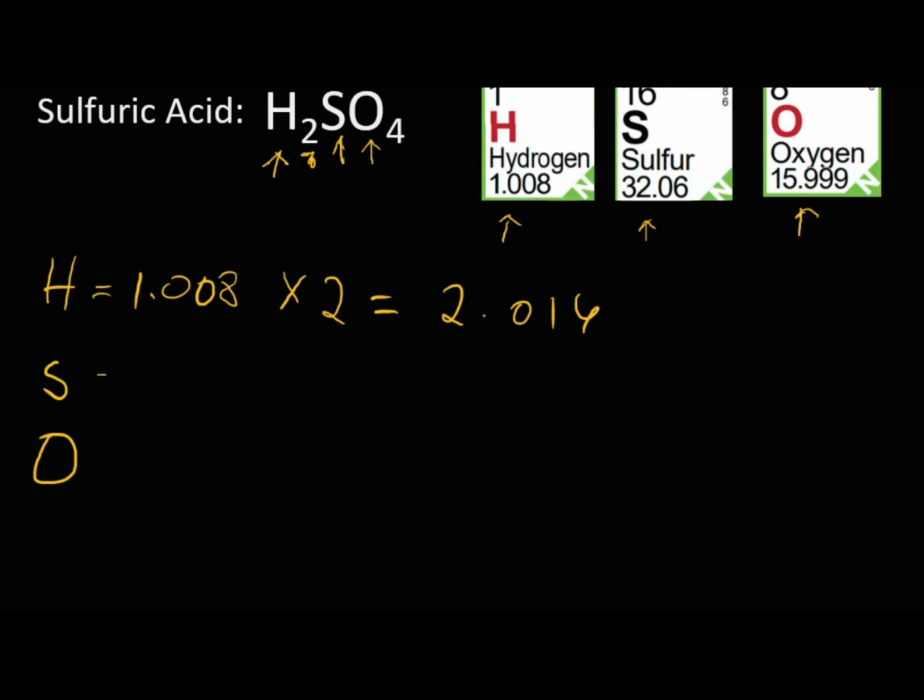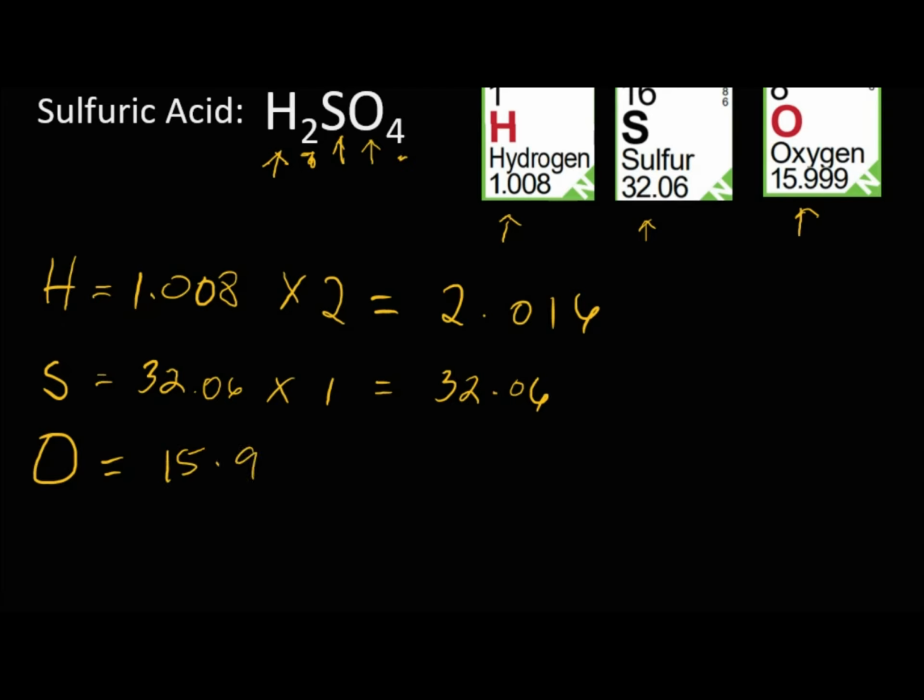For sulfur, since there is no subscript, it is understood as 1. So the atomic weight is 32.06 times 1, that gives us 32.06. For oxygen, there are 4, right?